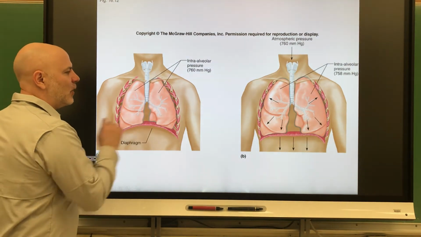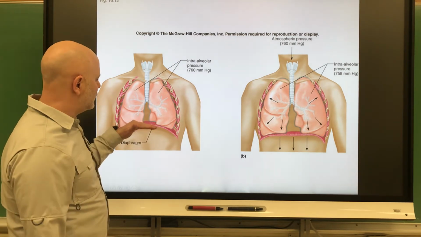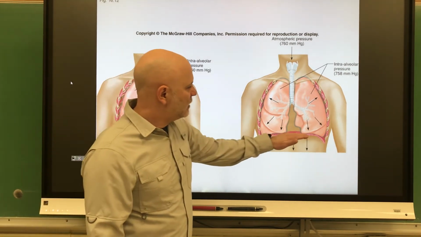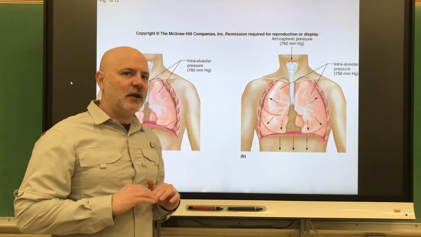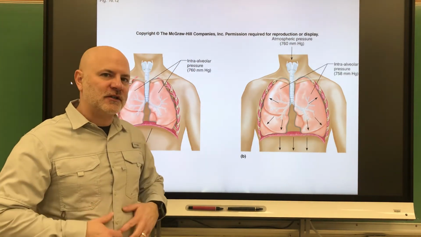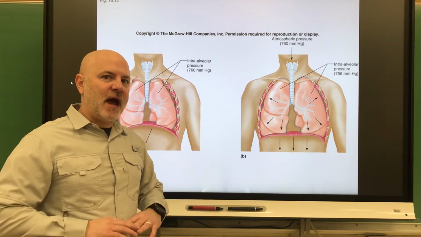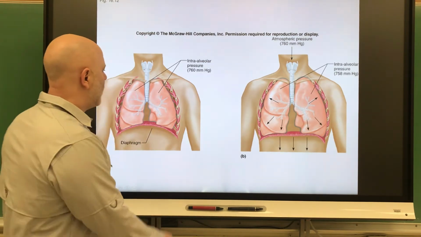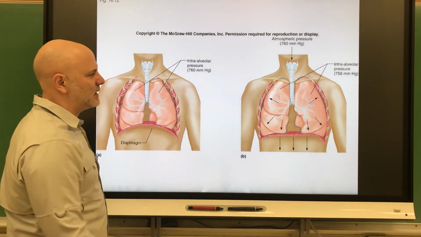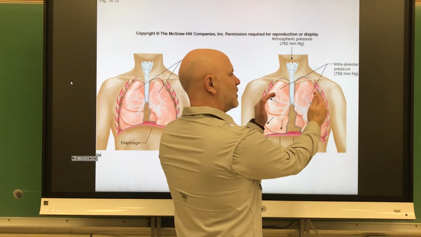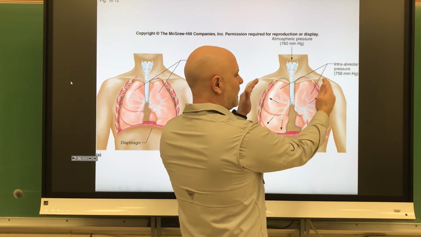Anyway, so what happens in here is we're going to contract the diaphragm. By contracting the diaphragm, it's going to move down. Now what that's going to do is push all the organs in our abdominal pelvic cavity down as well. All right, we're also going to contract these external intercostal muscles. And that's going to cause the rib cage to move up and out.